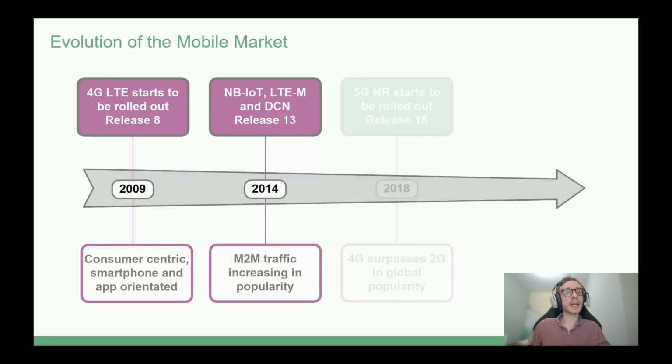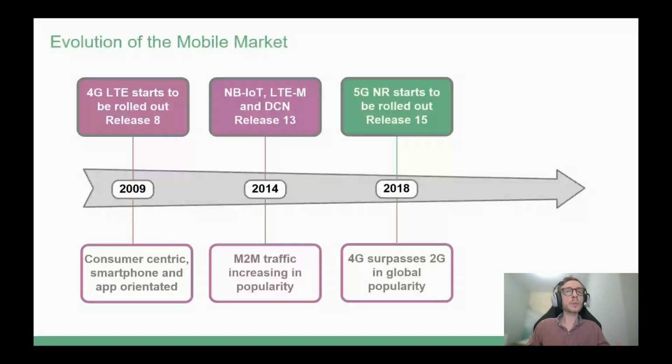Moving on to 2018, we see 5G new radio starts to be rolled out with release 15. Now this is just the radio access network specifically. This isn't to do with a non-standalone 5G implementation. And at the same time, we actually see 4G surpassing 2G in global popularity.